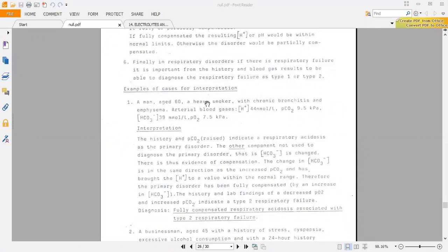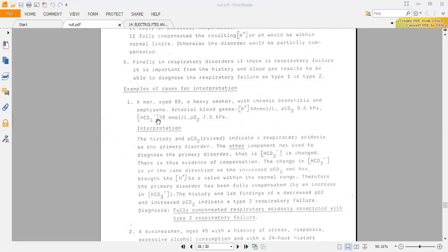Okay, good. So I looked at this. This is a heavy smoker, chronic bronchitis, emphysema. In my mind, this is a respiratory problem. Then I come to the partial pressure of carbon dioxide. It's 9.5, so this one is an acidosis. Good. Then I come to the bicarbonates. The bicarbonate is increased. The only reason why the bicarbonate has increased is just to compensate.